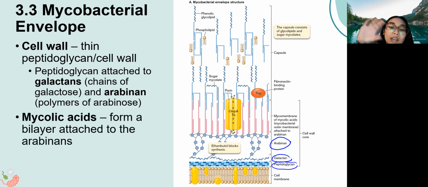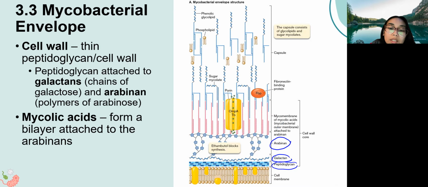And these mycolic acids form, it's not really that obvious, but they form a bilayer, very similar to the phospholipid bilayer. So all of these here, this whole chunk here, is where you would find the mycolic acids. And these are usually attached to the arabinins. So as you can see, they're all anchored to the arabinins. Okay, so that is the mycolic acid.